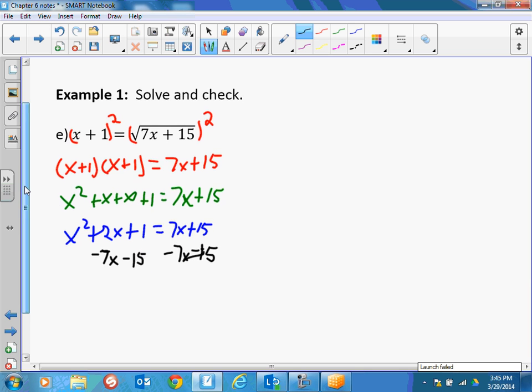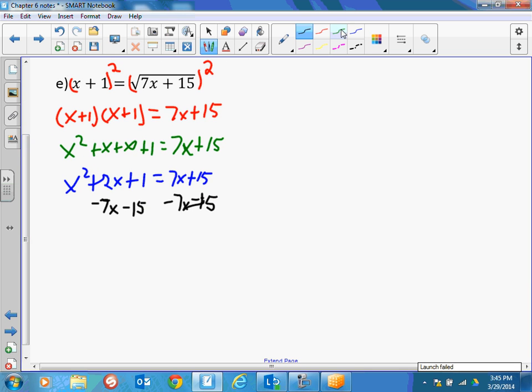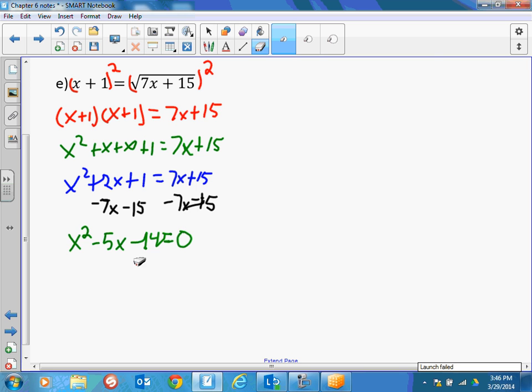Okay. So when we subtract 7x and 15, we end up with x squared, 2x minus 7x is negative 5x, 1 minus 15 is negative 14, equals 0. Okay, hopefully you can see that. I know I'm getting worse at drawing here. It's not easy drawing this.